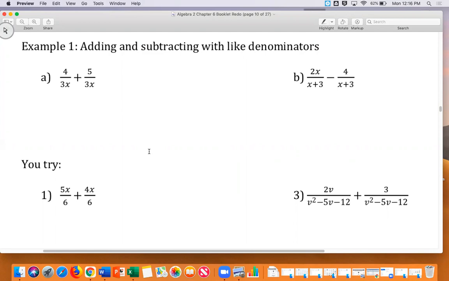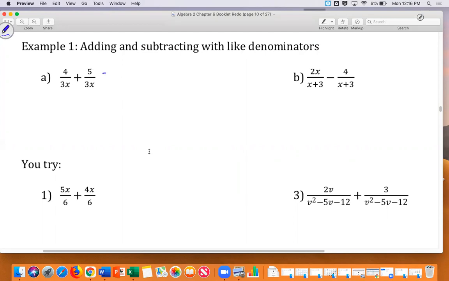But you wouldn't leave your answer as 6/8. You would have to reduce that to 3/4.